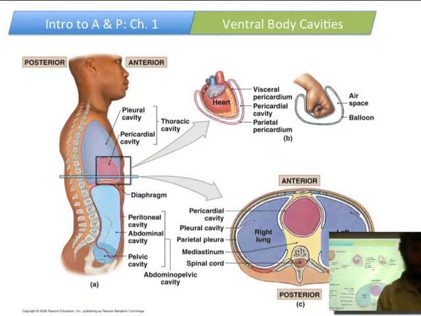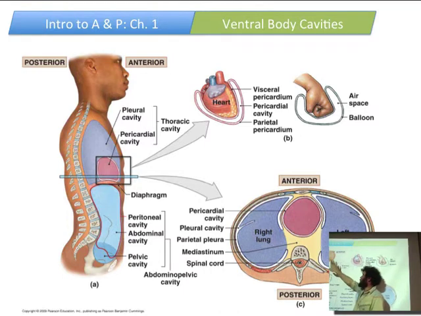And then the third serous membrane, we have the pericardium, the pleura. The third is the peritoneum. This is the serous membrane that covers your abdominal viscera, the intestines, the stomach, all the moving bits down there.